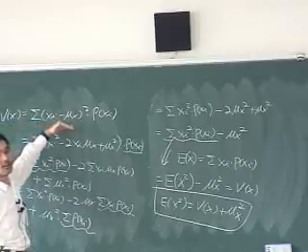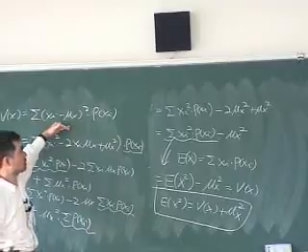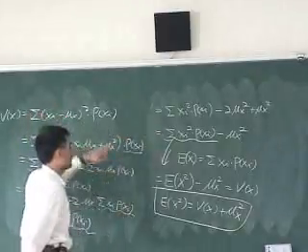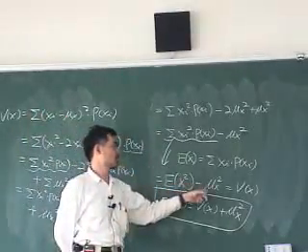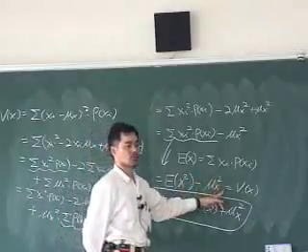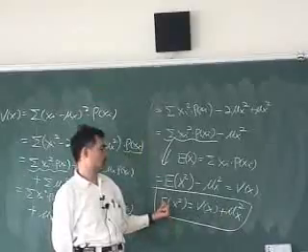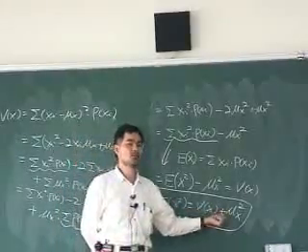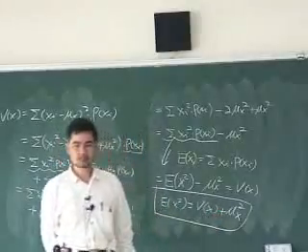Vx is defined in this way, and because of the simplification process, we found that Vx is equal to expectation of x squared minus mu x squared. Because of that, we know the expectation of x squared is equal to Vx plus mu x squared. This is very important. Questions?